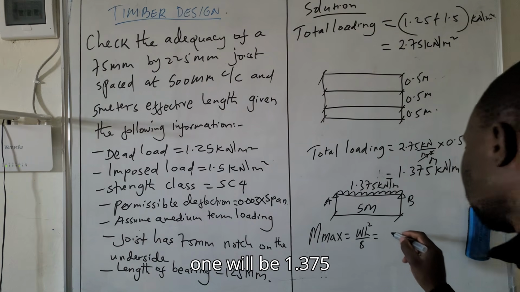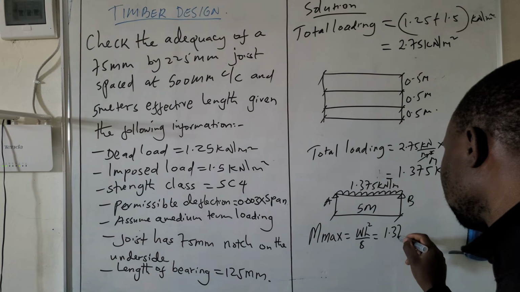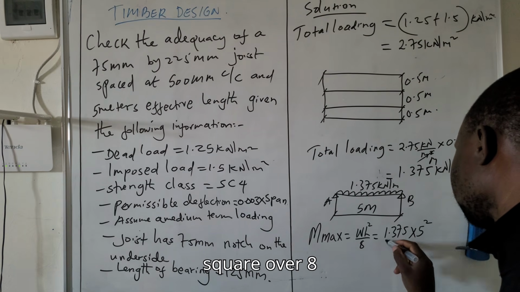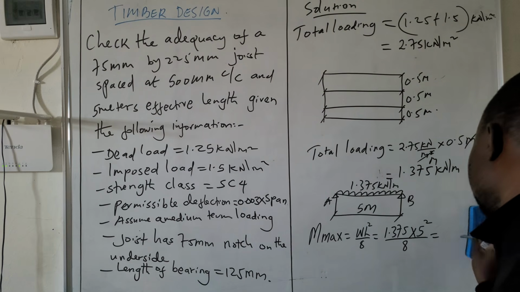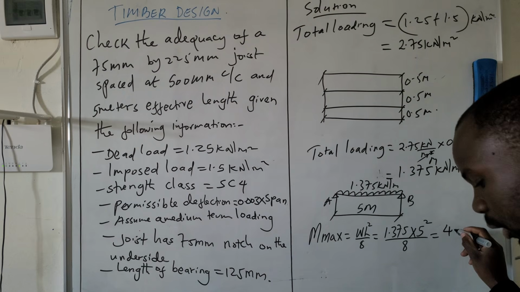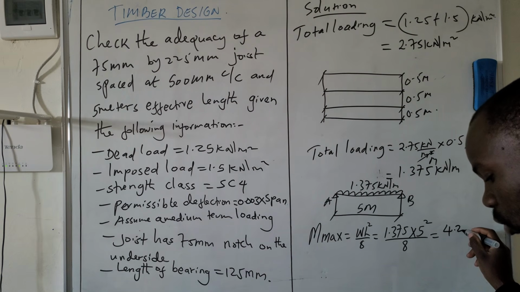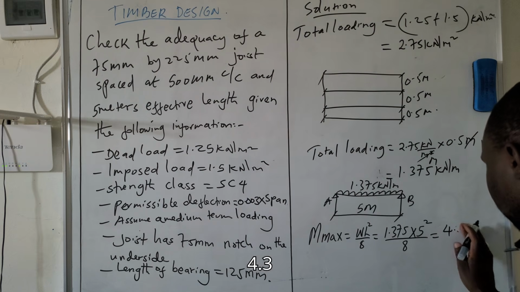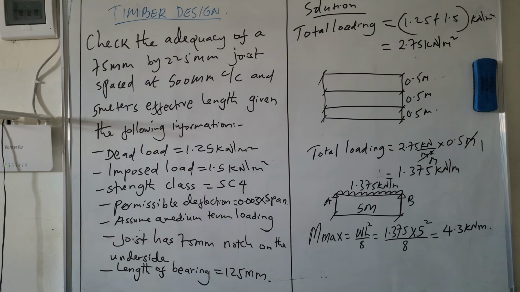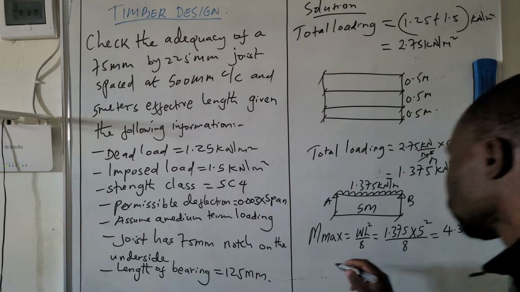So this one will be 1.375 times length 5 square over 8. So let's calculate it. So our answer is 4.3 kilonewton meter.